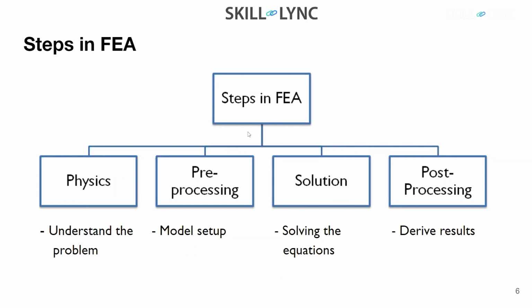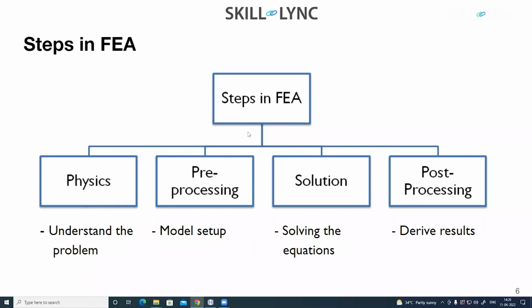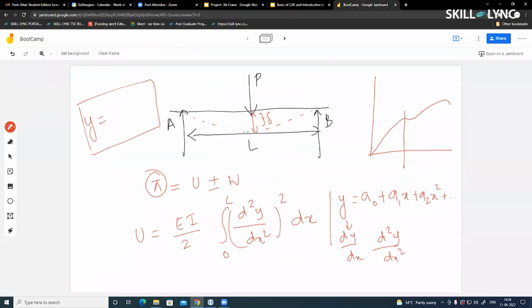So where am I going to load the component, how much counterweight should I have to lift that particular load, what is the direction in which my crane is going to move, where are my fixed supports going to be. Understanding all these things is all about physics.